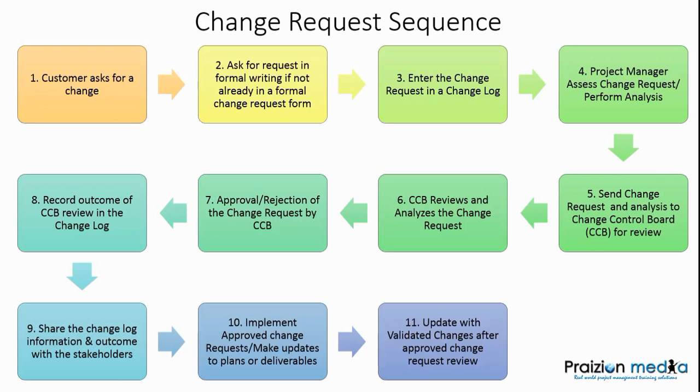You also have a tool and technique known as approved change request review. Approved change request review is a tool and technique of control quality to ensure that any approved change request is inherent in the deliverable being checked. And that's how you get a verified deliverable out.